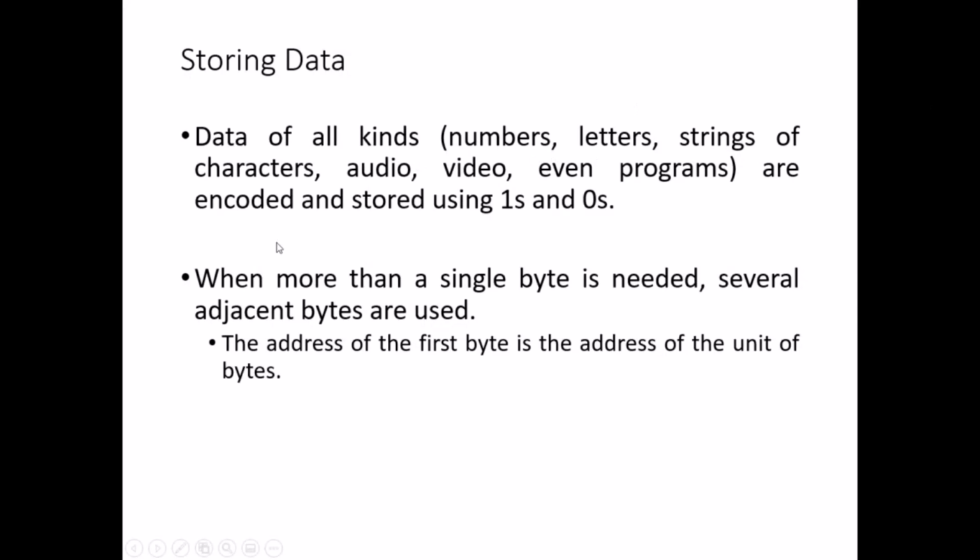So any data you want to save in the memory must be encoded, converted into 1 and 0. When more than a single byte is needed, several adjacent bytes are used. So if the data needs more than 1 byte, adjacent memory blocks, one after another, are reserved for this data.